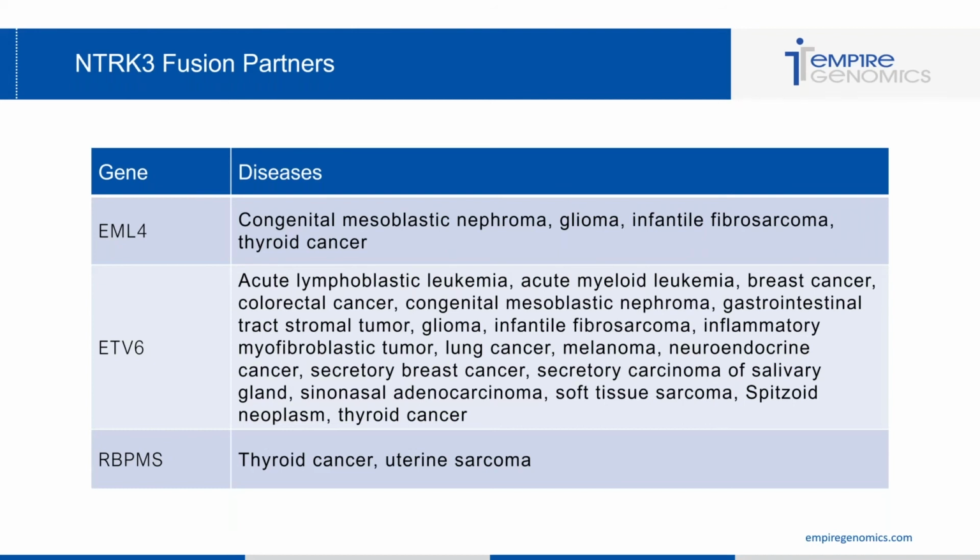There's quite a long list of cancers here, but just to name a few: acute myeloid leukemia, breast cancer, colorectal cancer, glioma, infantile fibrosarcoma, lung cancer, melanoma, and the list goes on. And then NTRK3 fusion with the RBPMS is associated with thyroid cancer and uterine sarcoma.